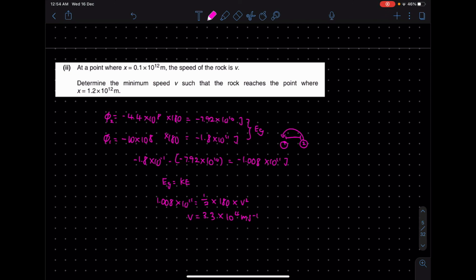So this negative part should be wrong. Magnitude-wise, the values are all correct. It's just that I should have subtracted it like so.